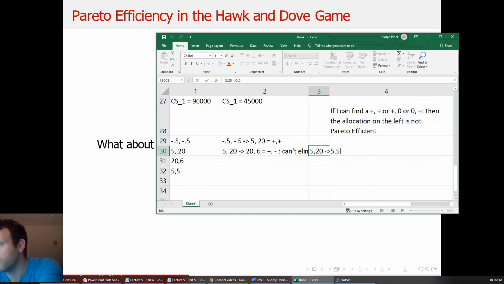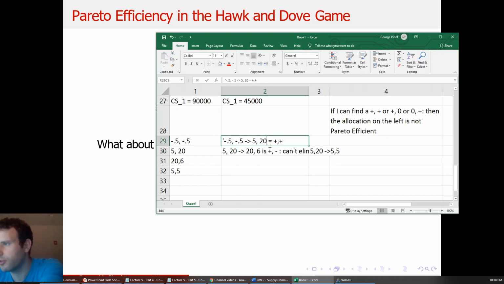Okay, that equals... you know what, the equal sign is probably confusing too. So I'm going to write is, and is, and I write so. So I'll use English. Is plus plus, so can elim.